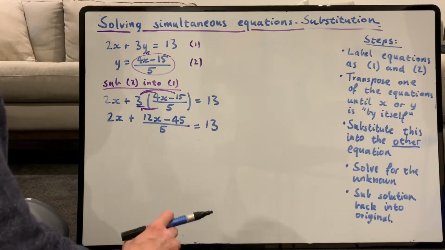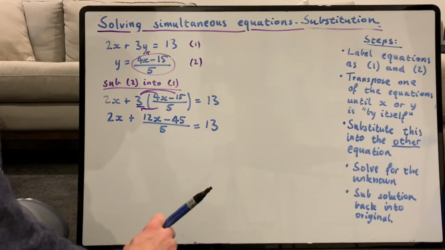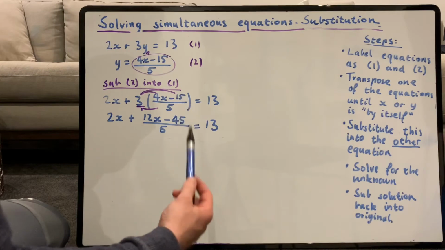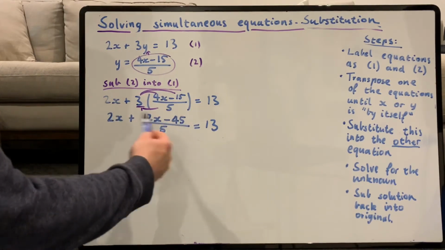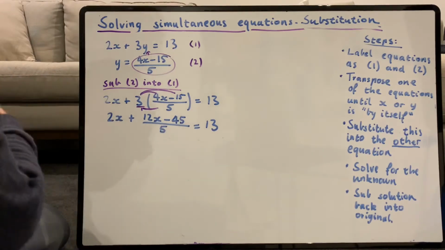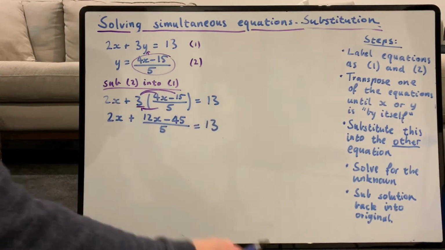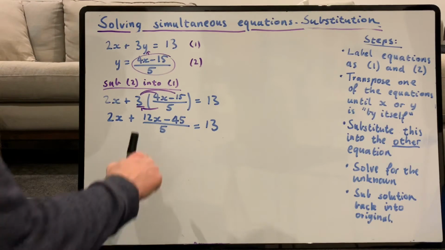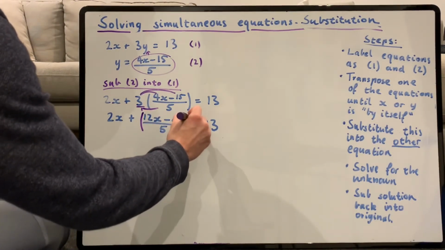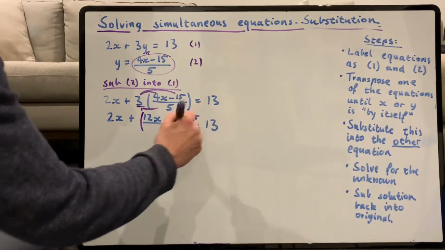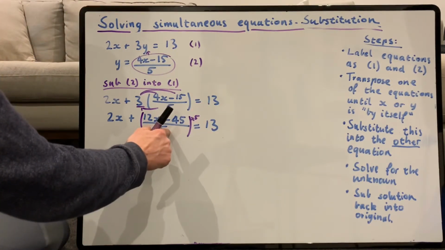All right. How do we deal with this now? Okay. When you've got something divided by 5 here, the easiest way to get rid of it is to multiply everything through by 5. Because if we times this by 5, that's going to cancel this denominator here.